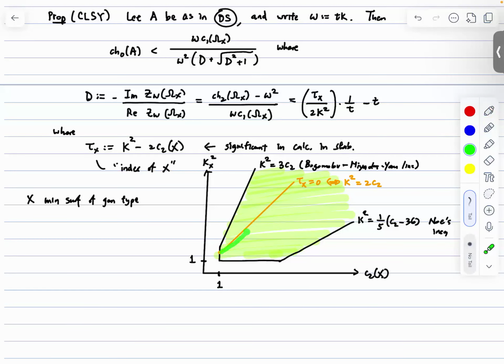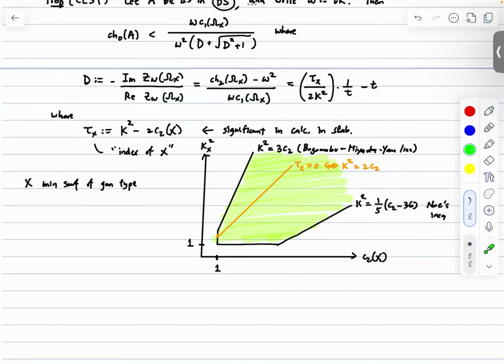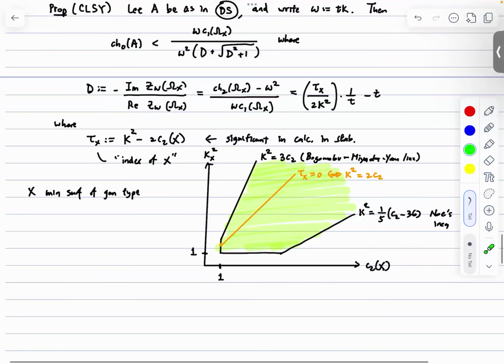So this line seems to be an important dividing line for the Bridgeland stability of the cotangent bundle. And what we mean by that is, if you have a minimal surface of general type where the invariants are above this line, it seems to be much easier to force the rank of A to be at most 2, which means it's much easier to prove that the cotangent bundle is Bridgeland semistable for surfaces in this region.